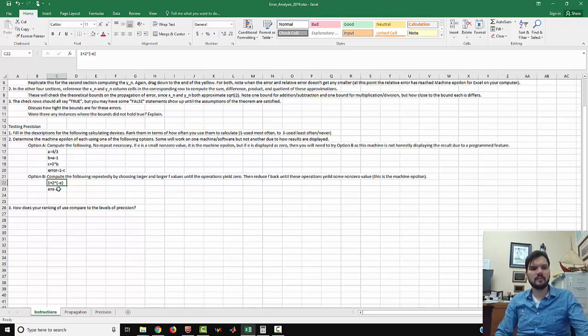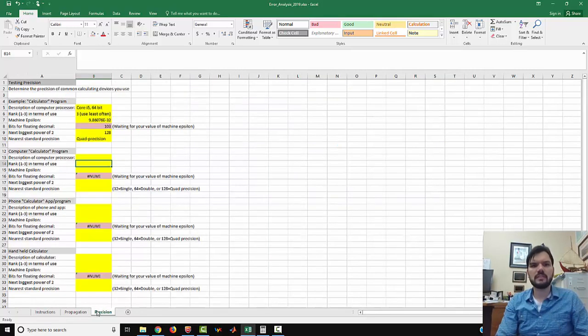And then we want to subtract 1 to see if there's anything left. If the 2 to the negative e was too small, then 1 plus that number will just round to 1. And then if you subtract 1 from it, you get 0. So we're looking to see if it's holding on to any significant value.